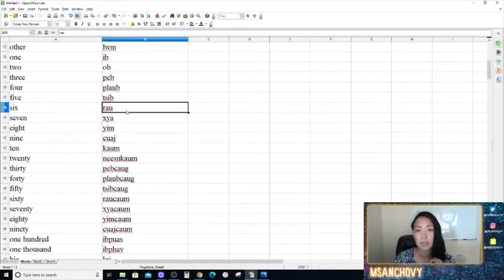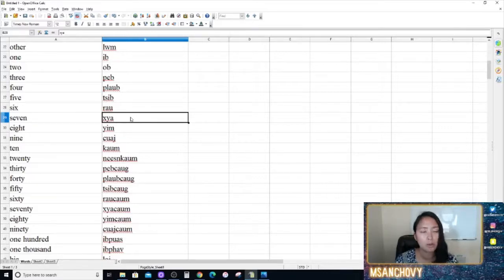That's dao. So that is nothing. You leave it off. Again, 7, no tone because it's a blank tone. So it's a flat tone. Xia. So there's no tone to it.